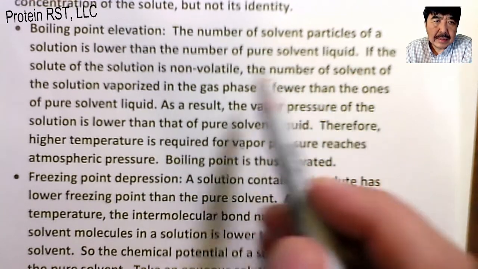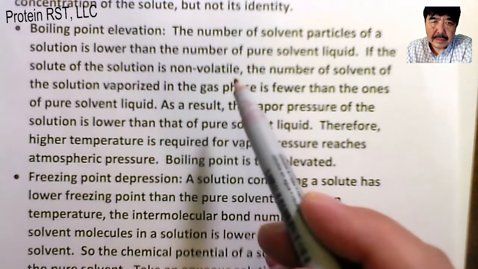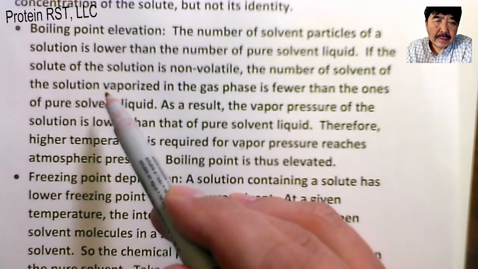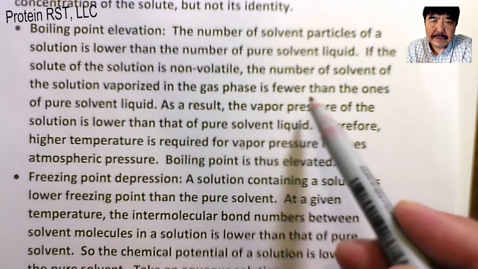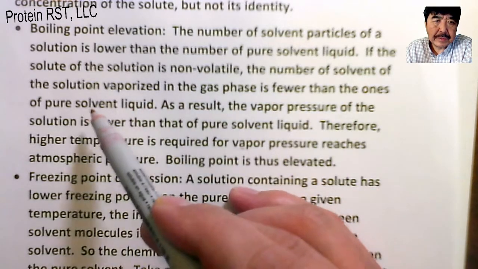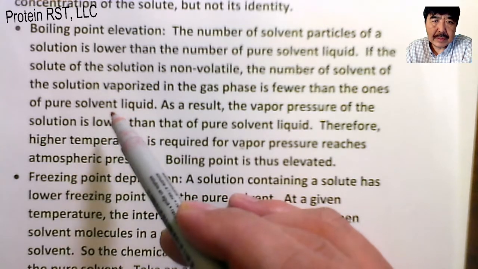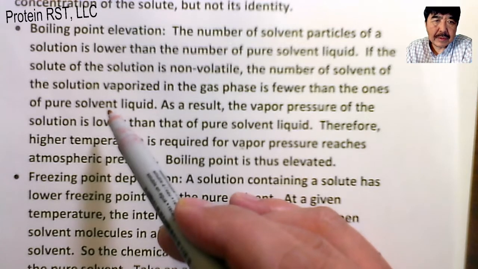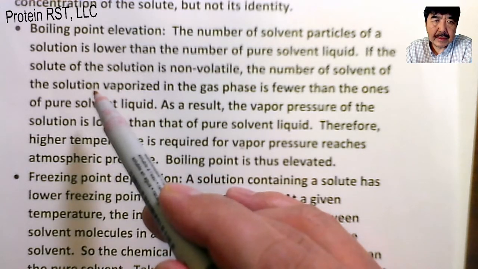If the solute of the solution is non-volatile, the number of solvent particles of the solution that vaporize into the gas phase is fewer than in pure solvent, because the pure solvent has more solvent particles than the solution, since the solution also has a solute.